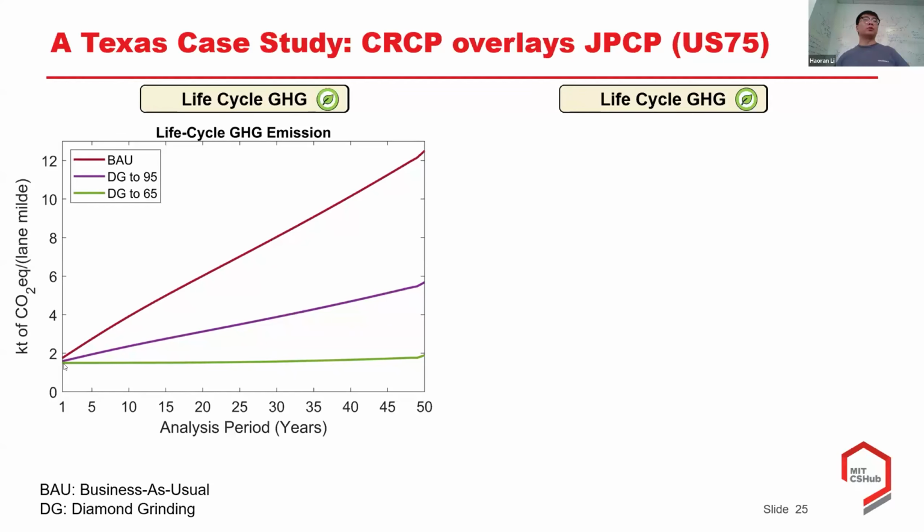CO2 is around 2 kiloton per lane mile, but at the end it could be as high as 12 or 13.